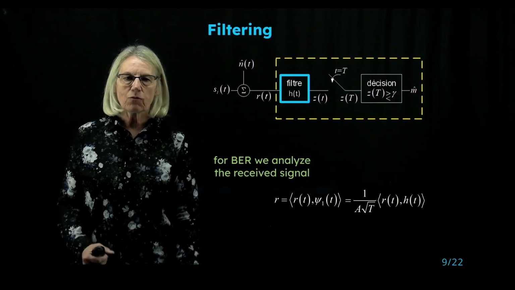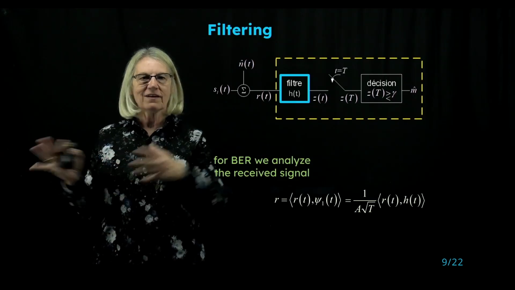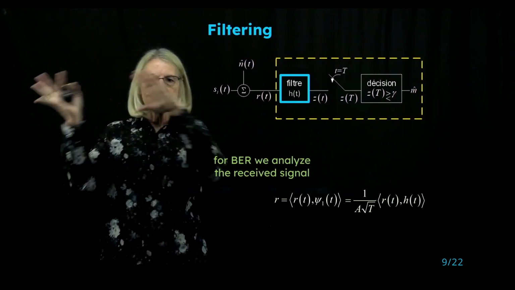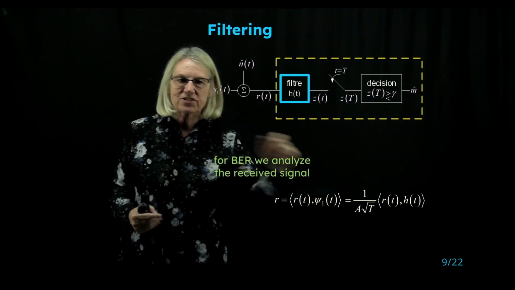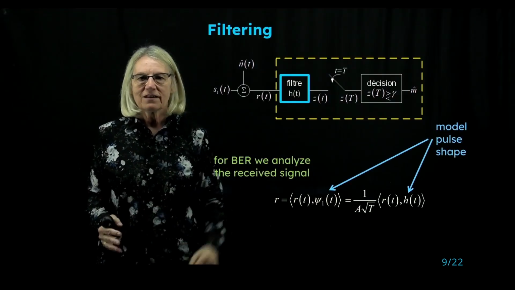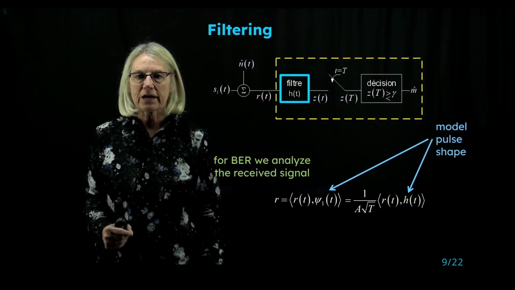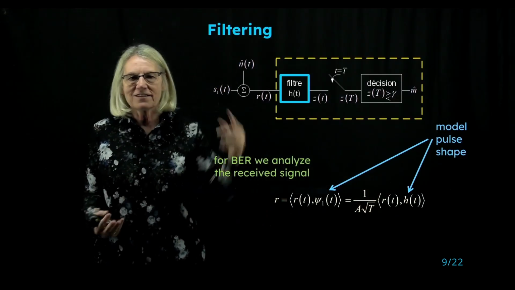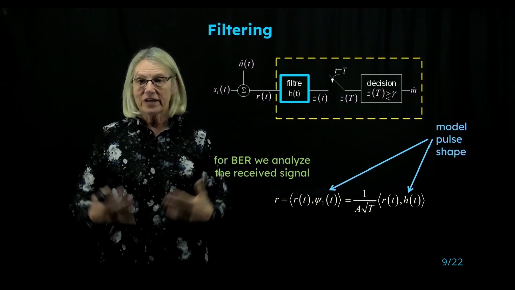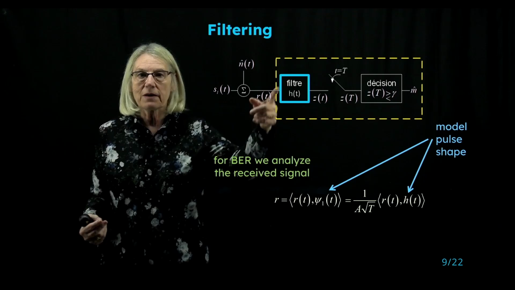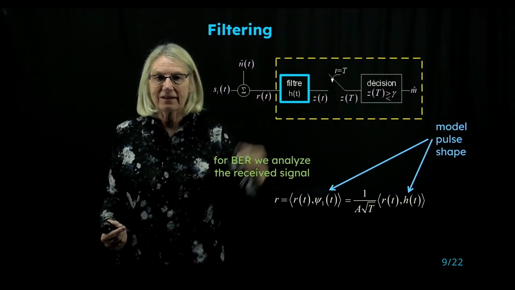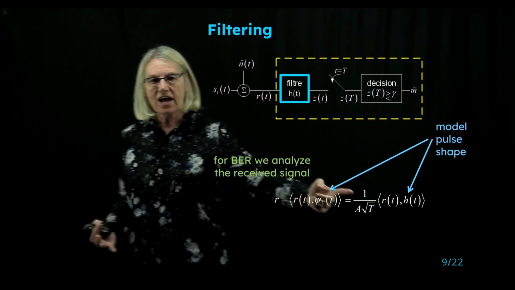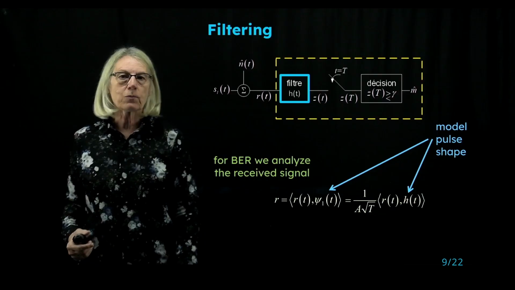I'm transmitting pulses at a certain shape, and I'm filtering on that same pulse shape. So this filtering process is creating the coefficient. I'm filtering, I'm sampling. Well, that's the equivalent of doing this inner product.